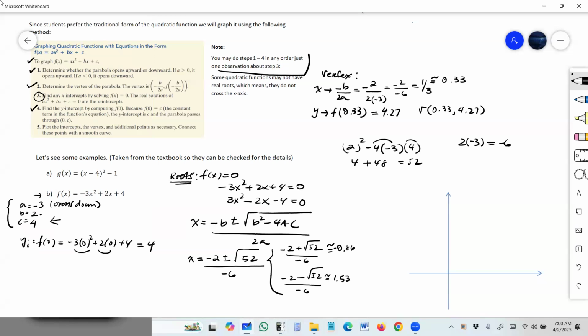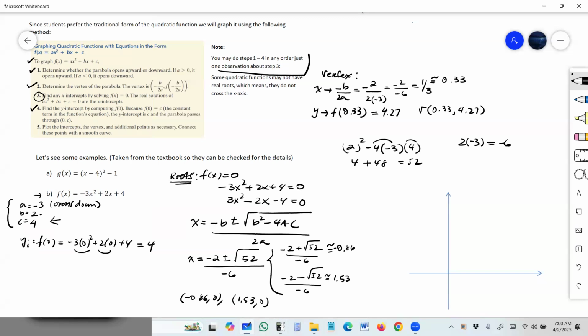Okay, so now I have the roots, and obviously the two x-intercepts, their coordinates, I'm going to write them down here. So it's negative 0.86 comma 0 and 1.53 comma 0.